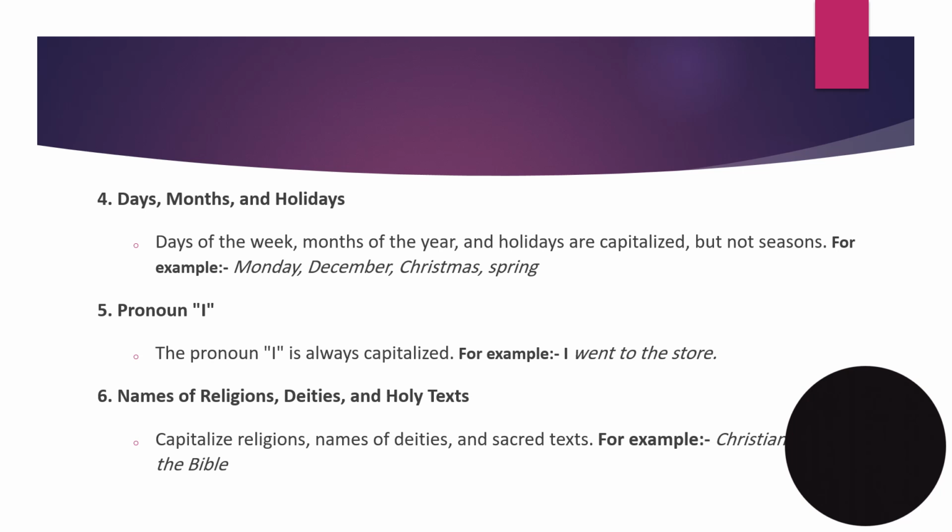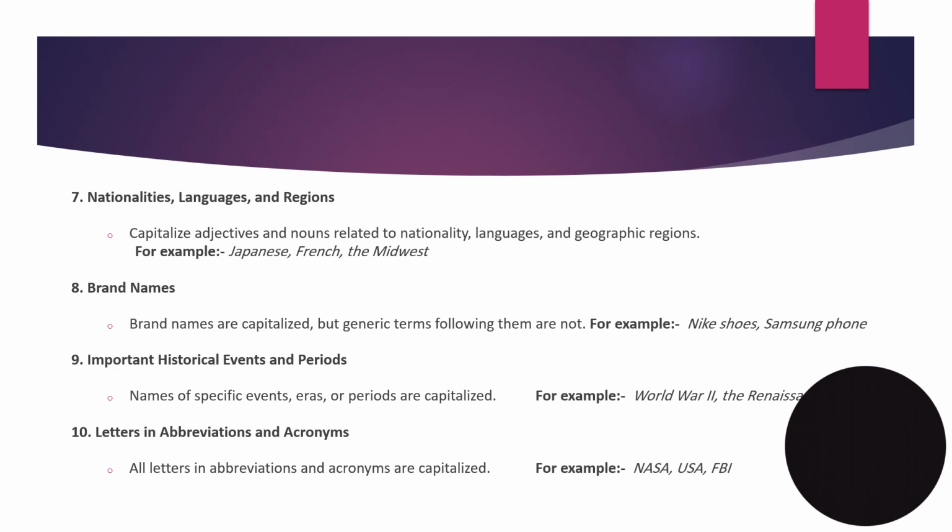Now, days, months, and holidays, like Monday, December, Christmas, and so on. The pronoun I, of course, is always capitalized, whether it is at the beginning, in the middle, or at the end. Names of religions, deities, and holy texts, like the Bible, for example. Nationalities, languages, and regions: Japanese, French, and so on.